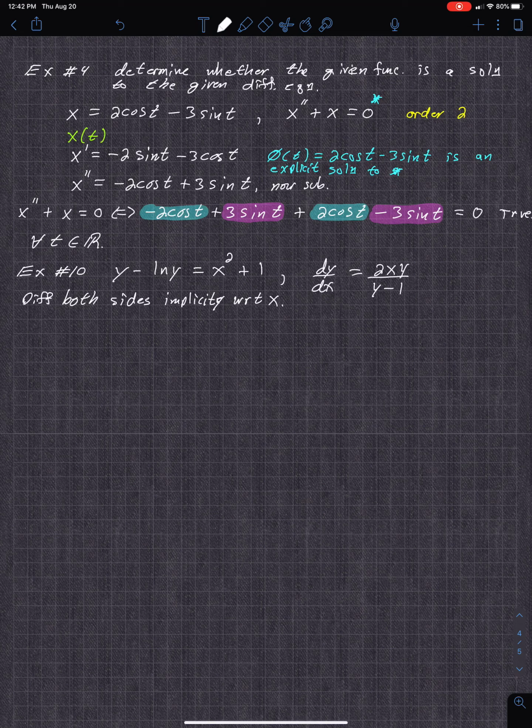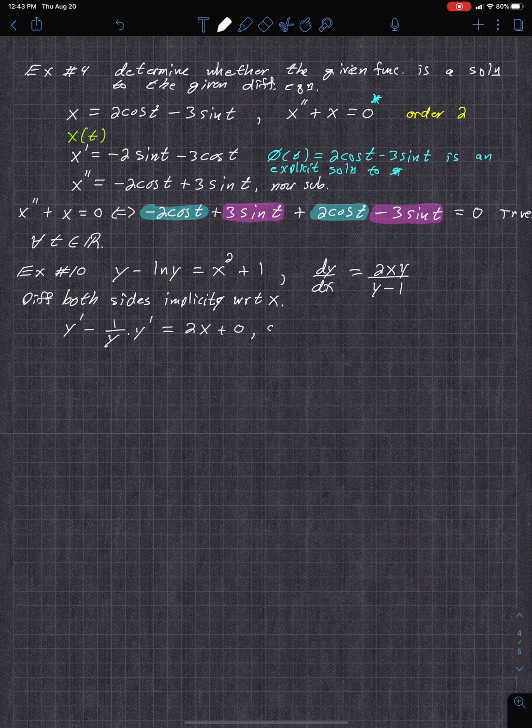And so when you do that with respect to x, every time you see y, you just say y prime afterwards. And if you see x, you just take the derivative. That's the simplified version of that conversation. So you get y prime minus, and then the derivative of ln y is 1 over y, times y prime equal to 2x, and I'll just say plus 0 to remind you.